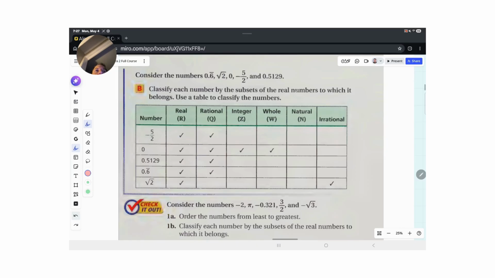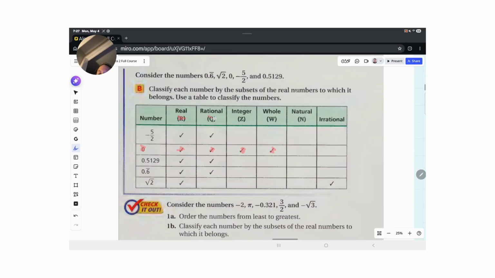Okay, now we can fill in our table row by row. For example, negative 5 halves is real and rational only. How about 0? Real, rational, integer, whole.